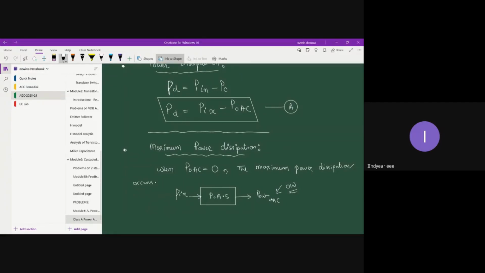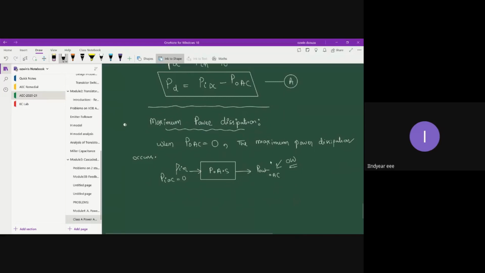Now, when can you have the AC power 0? When your AC input is 0, then output AC is 0. I mean, AC power is 0. Let's say this is your microphone, condenser, whatever you call it, connected to the public addressing system.